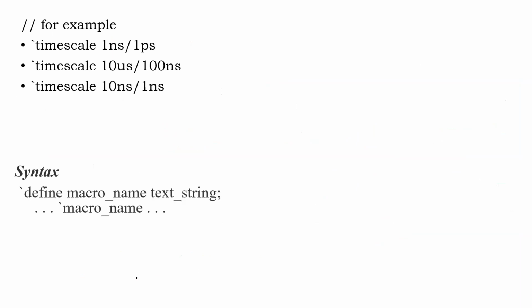See, a timescale of 1 nanosecond by 1 picosecond is okay. 1 microsecond by 1 nanosecond is also okay. 10 nanoseconds by 1 nanosecond is okay. But 1 nanosecond by 1 microsecond is not valid. Clear?